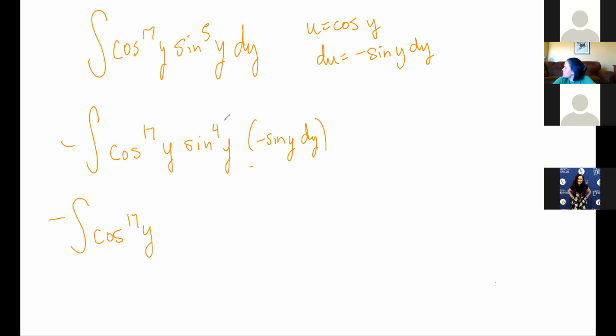So sine to the fourth is going to be what? You can make that sine squared. Okay. So this would be 1 minus cosine squared, squared, right? If I made the correct substitution.